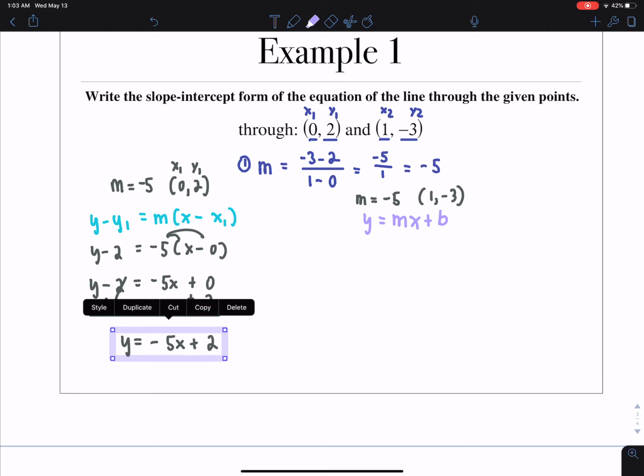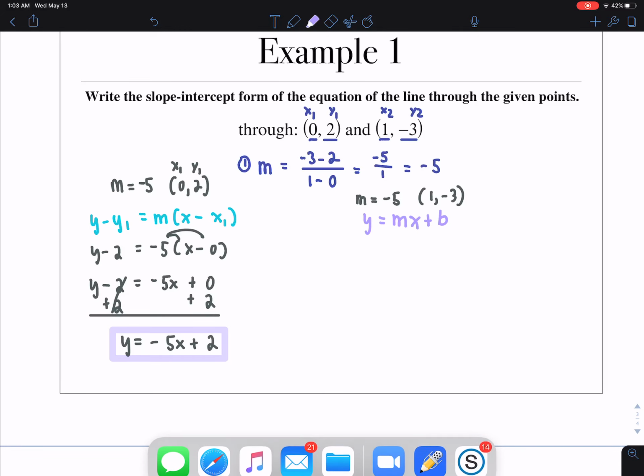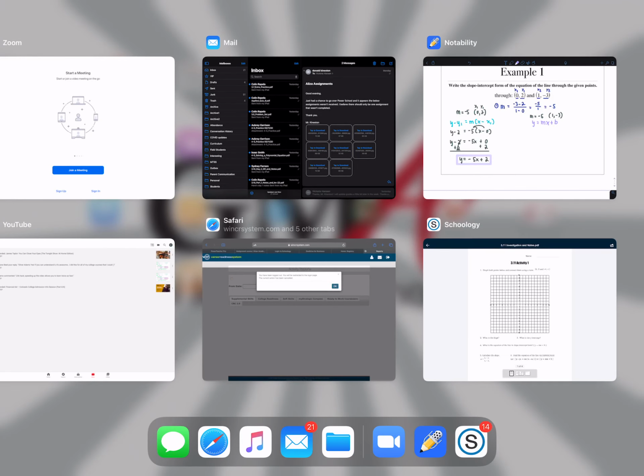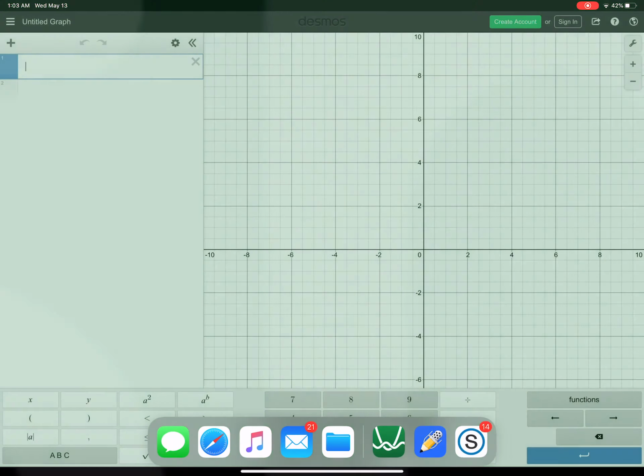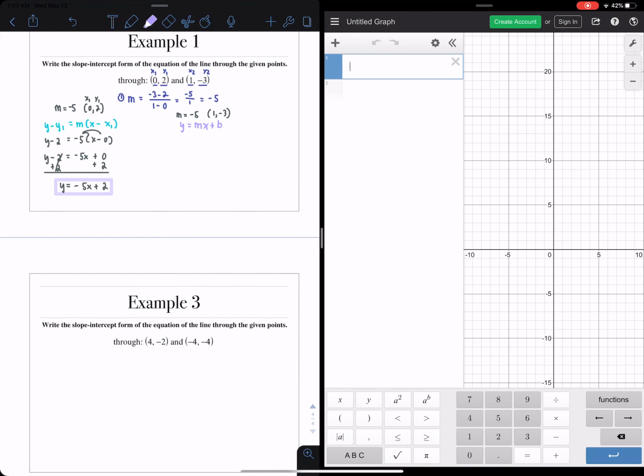If we take a look at Desmos, just to double check and make sure that we did it correctly. So let me find Desmos. There it is. So we can plot both of these points. 0, 2. So there's that point in red. And then 1, -3.